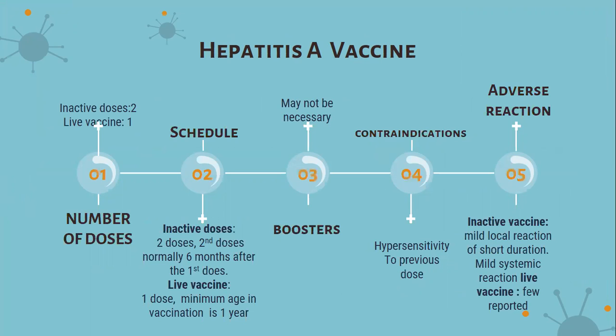For the schedule, the inactivated vaccine needs 2 doses, with the second dose normally 6 months after the first dose. For the live vaccine, 1 dose lang siya, hindi pwedeng dalawa kasi 1 lang. The minimum age for vaccination is 1 year. Boosters are not necessary.